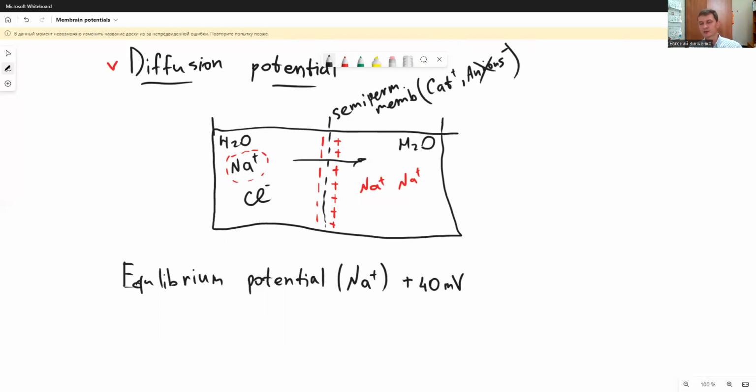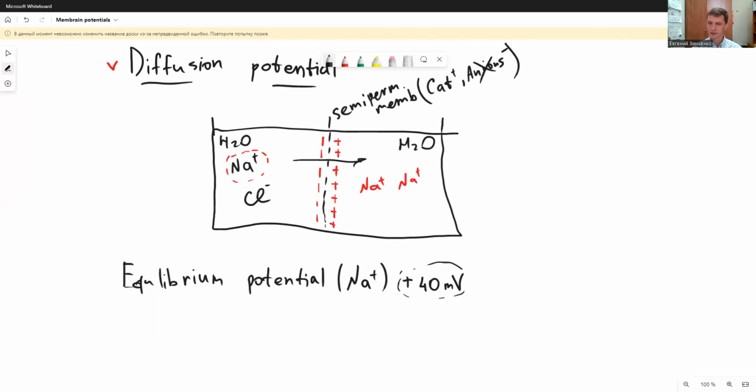That's why when sodium ion channels are opened in the cellular membrane, the potential starts to move to this value, to plus 40. If in the resting period it was minus 70, minus 90, when sodium ion channels are opened, the membrane potential wants to have the equilibrium potential for sodium and moves in the direction of plus 40.